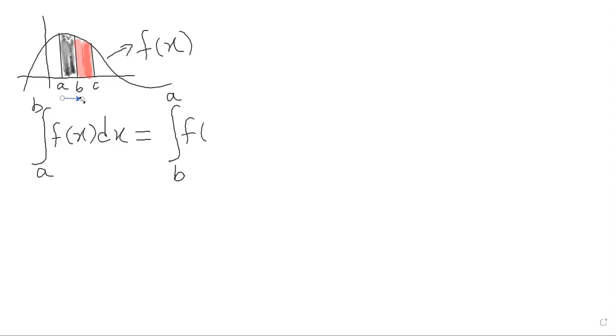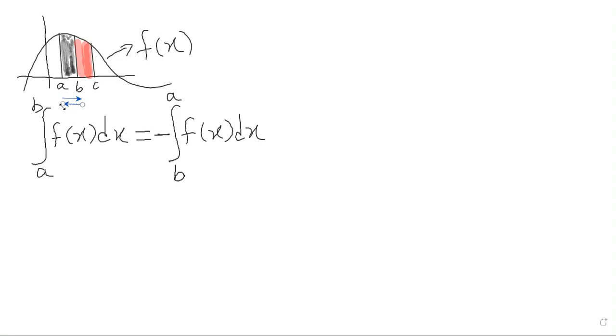Sometimes it happens that we have to change the limit. So what is going to happen? It means that now your area will be calculated from this point to this. So what you just have to do, you will put a minus sign over here.